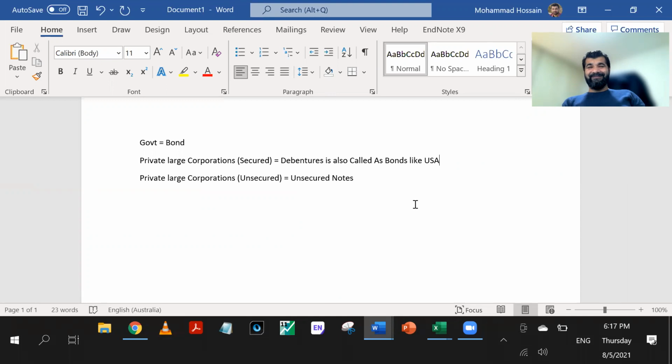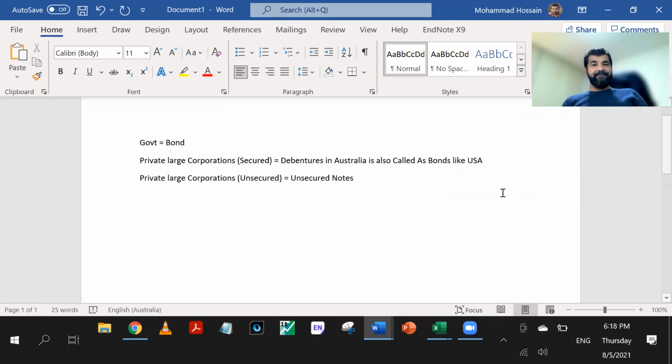All right, does it make sense now? A debenture in Australia is also called a bond, like in the USA. In the USA, they actually call it a bond, for a large company. In Australia, we call them debentures, but recently we have had a tendency of calling them bonds too.